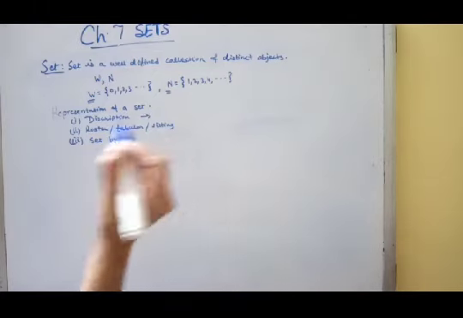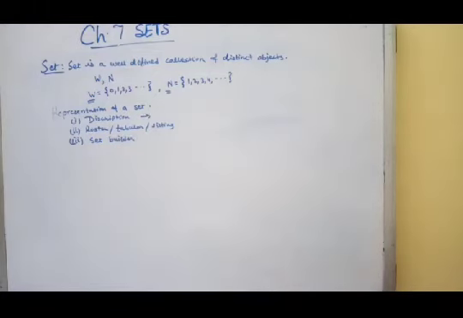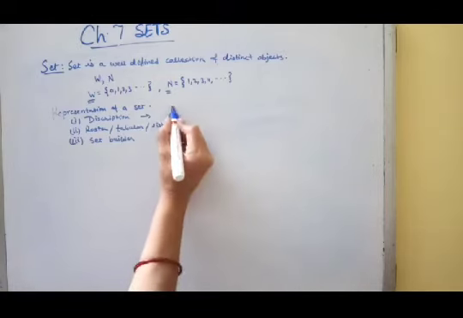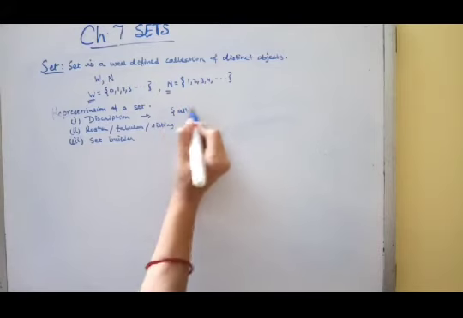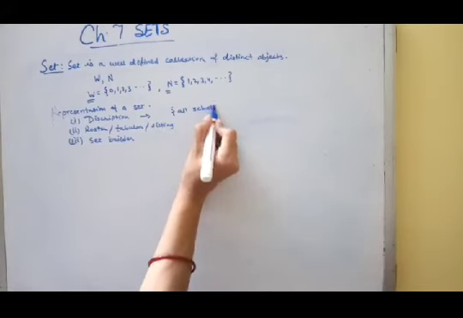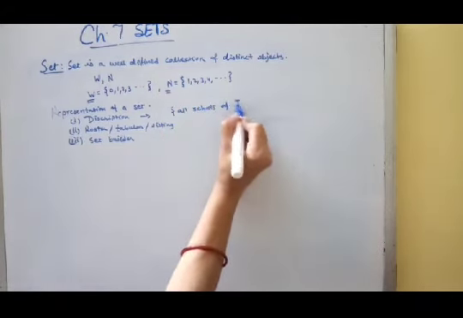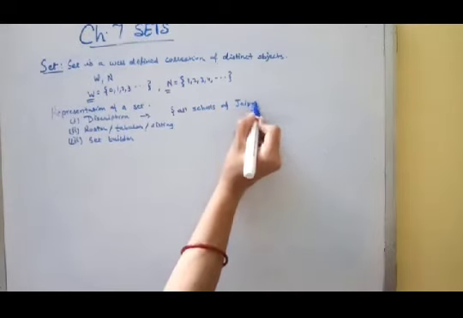In the description method, the elements of a set are described in words and this description is enclosed in curly brackets. For example, the set of all schools in Jaipur is written as all schools of Jaipur.